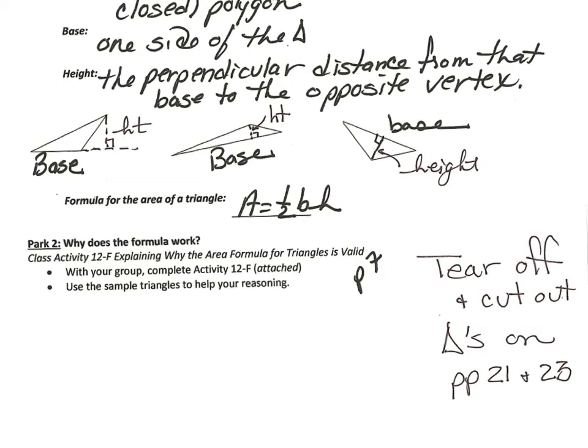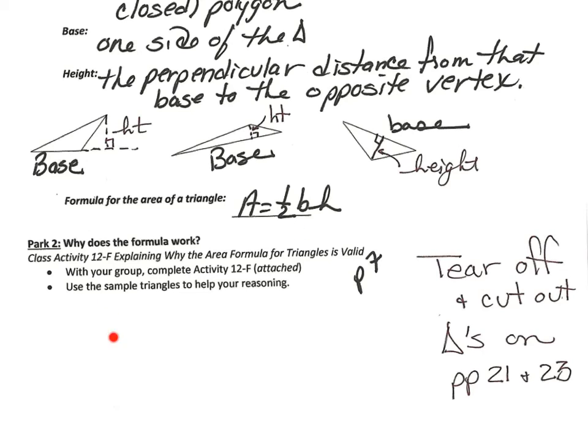And so focus on this idea of 1/2 a base times a height, and you're trying to show with those triangles that you can get to a rectangle, and a rectangle is base times height, but instead of base and height, we're using this from the original triangle.